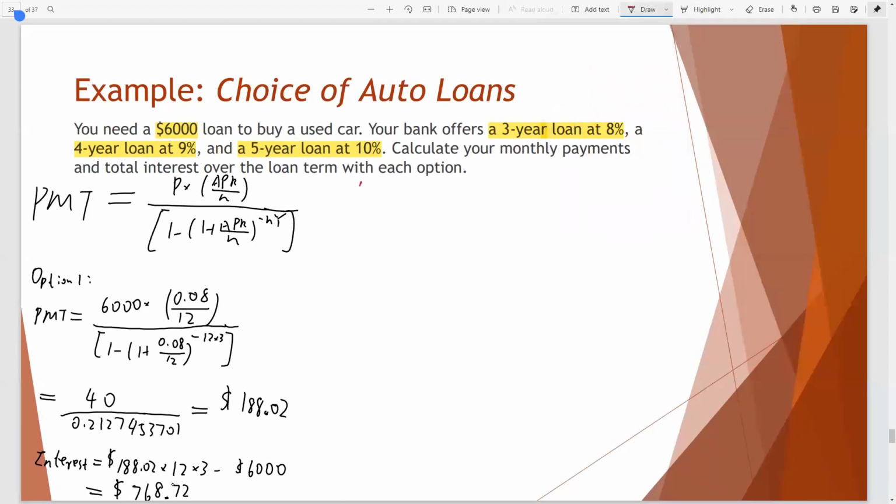And the second option, we have payment, so what? $6,000 with a 4-year loan at 9%.